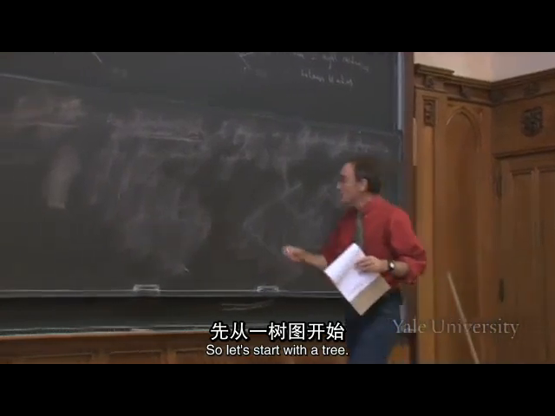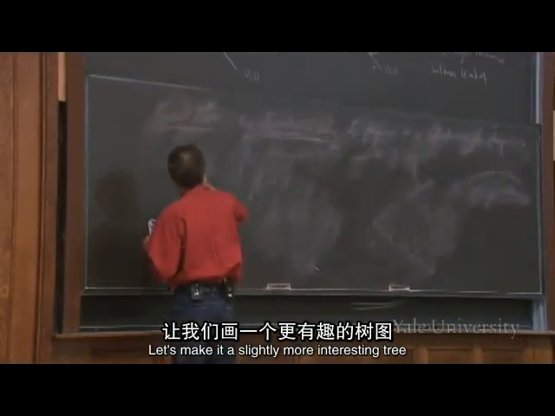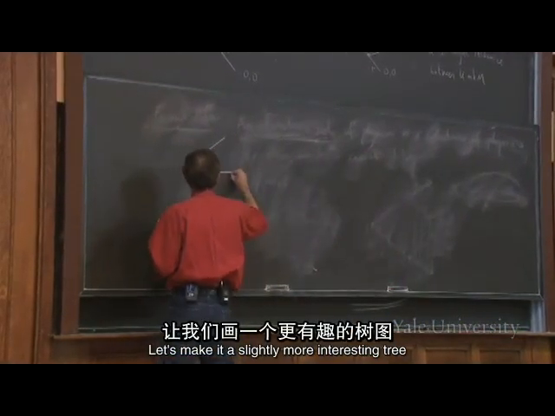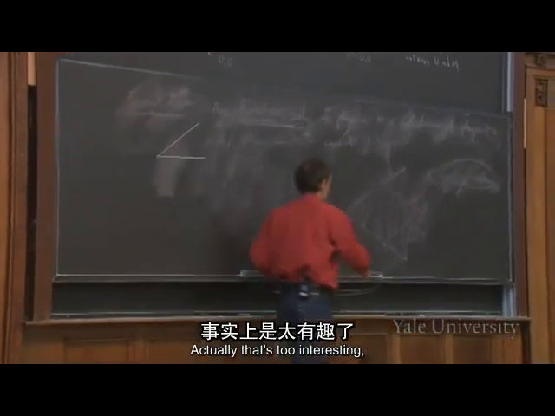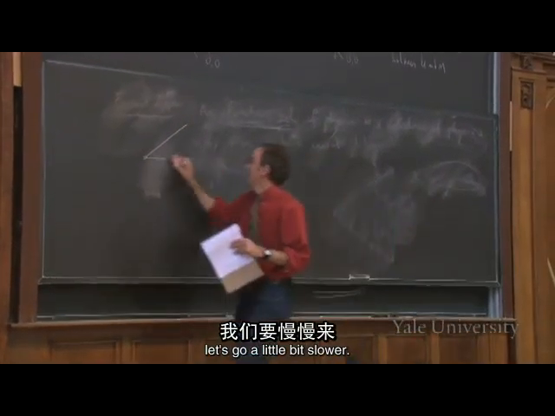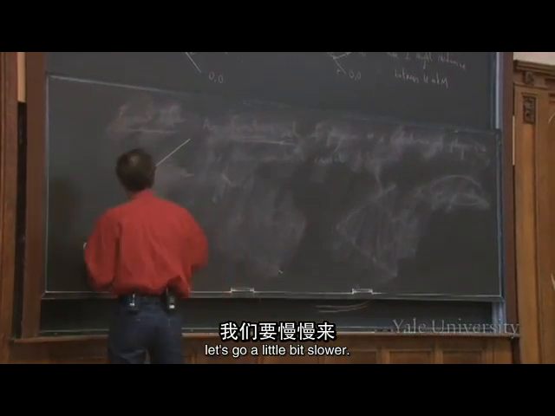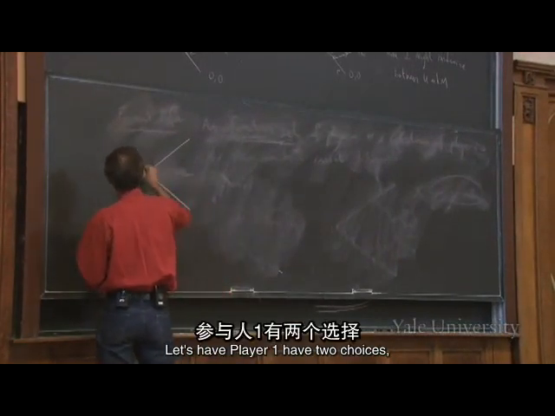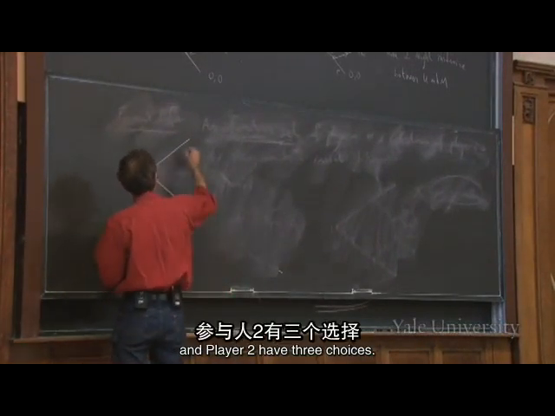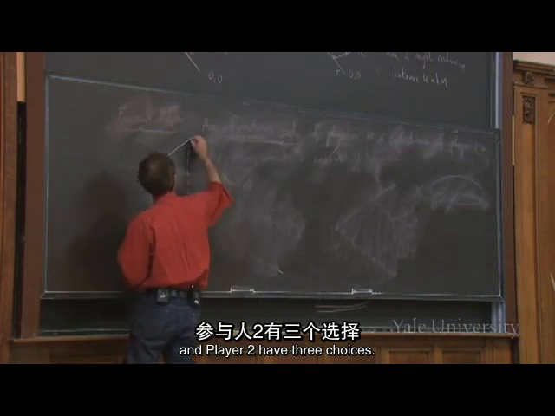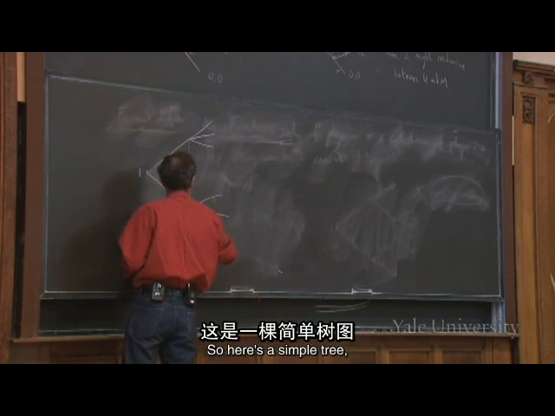All right, so let's start with a tree. Let's make it a slightly more interesting tree than the one we've seen before. Actually, that's too interesting. Let's go a little bit slower. So let's have player 1 have 2 choices, and player 2 have 3 choices.